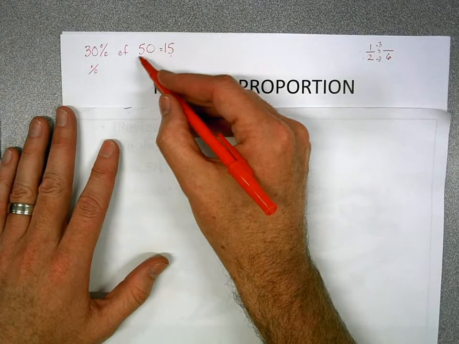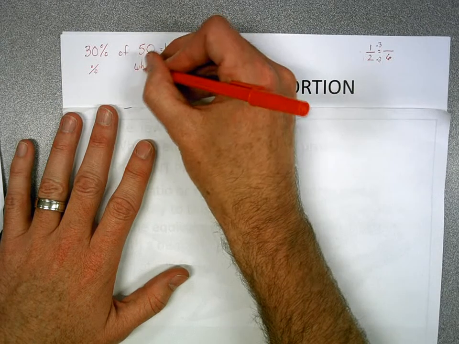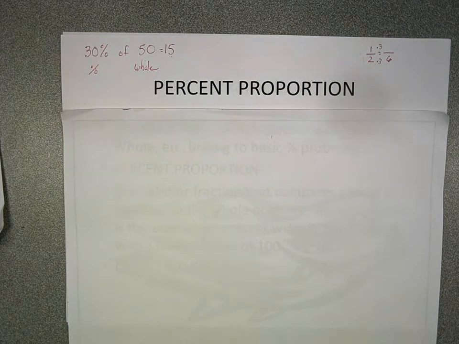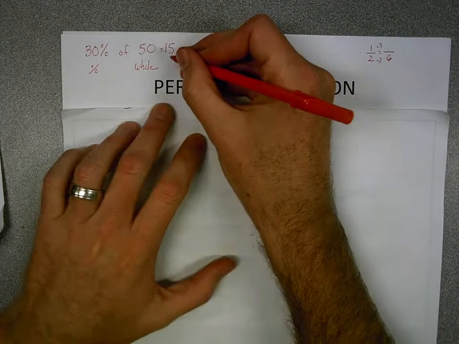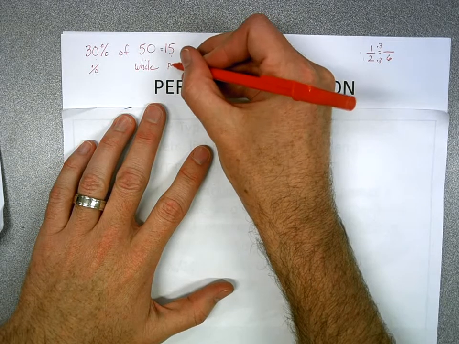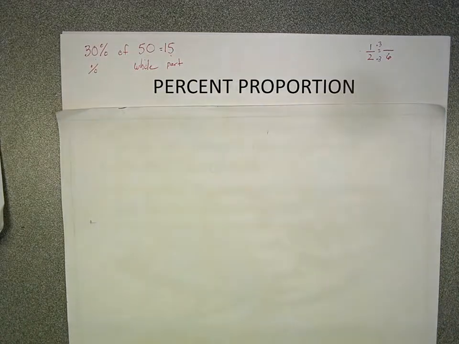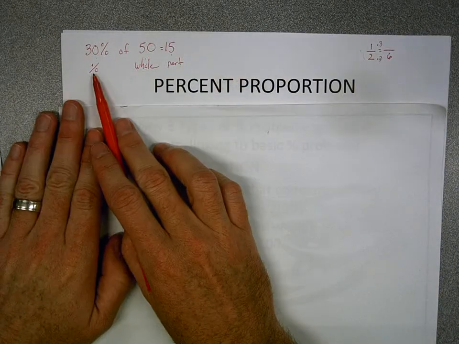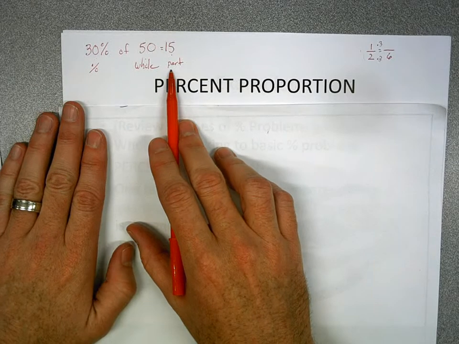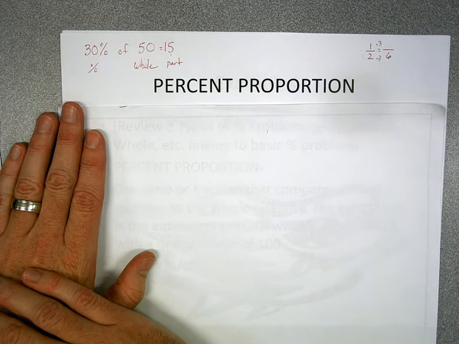That in that problem represents the whole amount, the whole amount that the jeans would normally cost. The $15 is the discount, the part of the money that we're going to save. So a percent problem has a percent, a number that represents the whole, and whatever the part is. That's the basis of a percent problem.